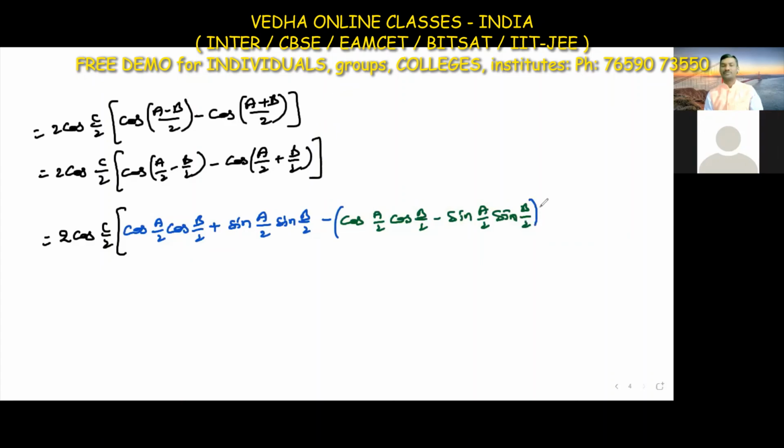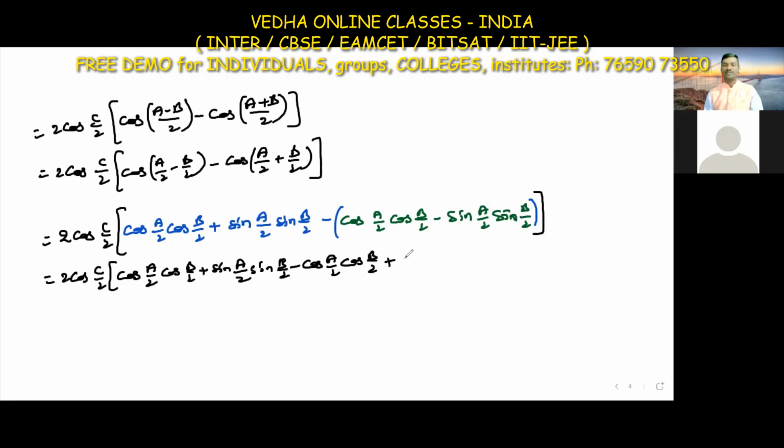Now the remaining part, write it as this. This equals 2 into cos C by 2 into, expanding here: cos A by 2 cos B by 2 plus sin A by 2 sin B by 2, minus of, multiplying by minus inside, cos A by 2 cos B by 2, minus into minus plus sin A by 2 sin B by 2.